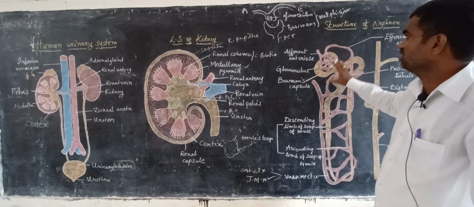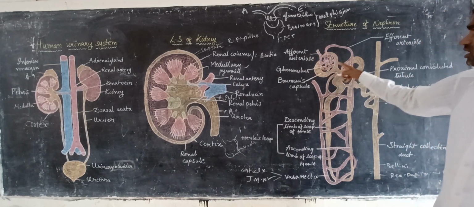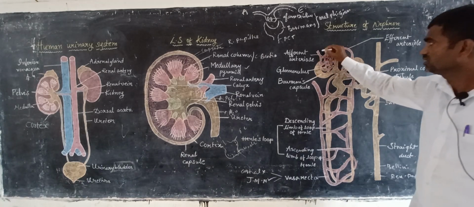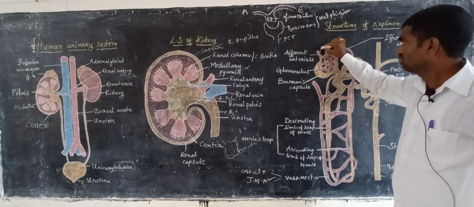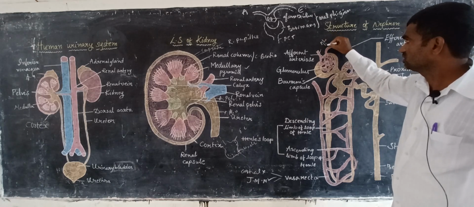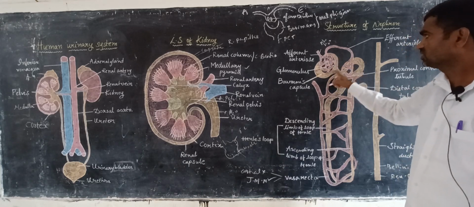Now see in this diagram, this is the afferent renal arteriole, and from the afferent renal arteriole it is transmitting blood as well as H2O molecules. Now this is the Bowman's capsule part.